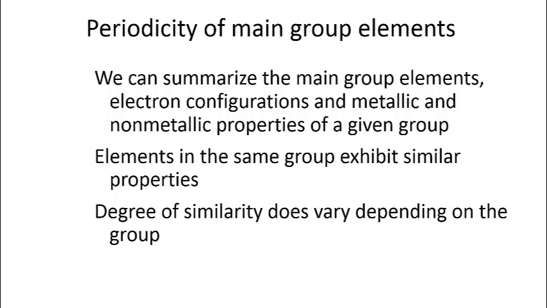However, the degree of similarity does vary depending on the group. For instance, group 1A, the alkali metals, do exhibit remarkable similarities, as do the elements in group 7A, the halogens. On the other hand, elements in group 4A tend to range from carbon at the top, which is a nonmetal, to lead at the bottom, which is a metal.